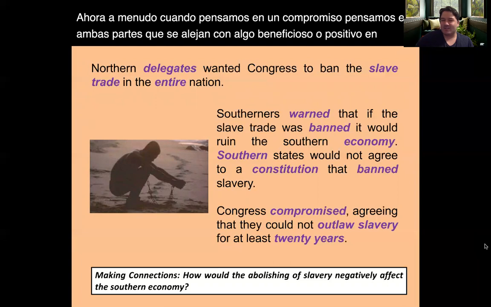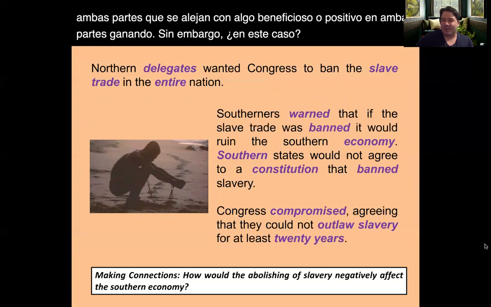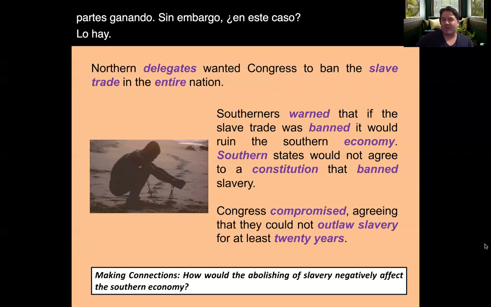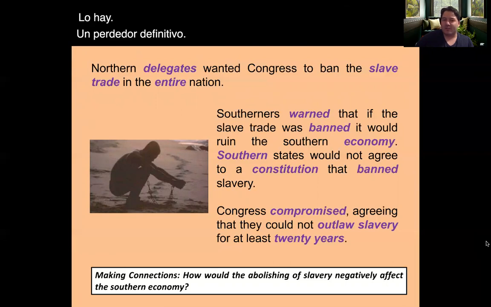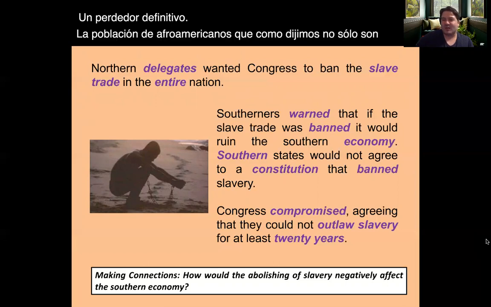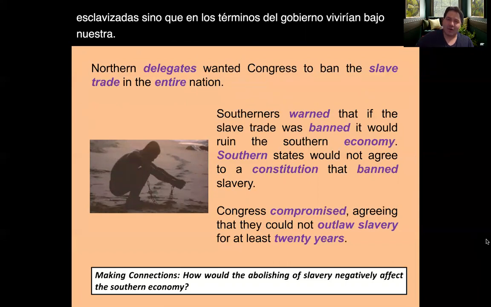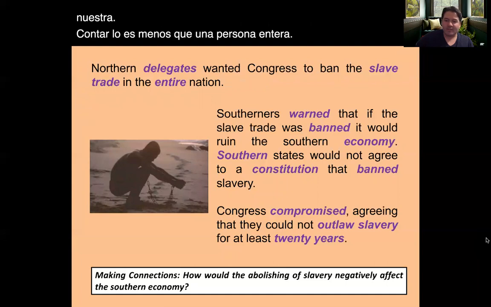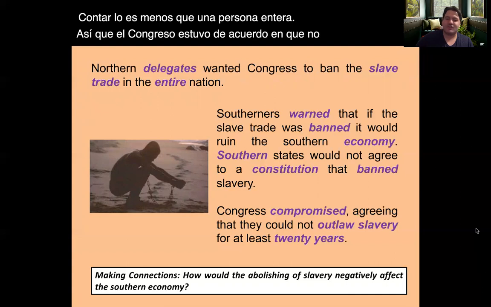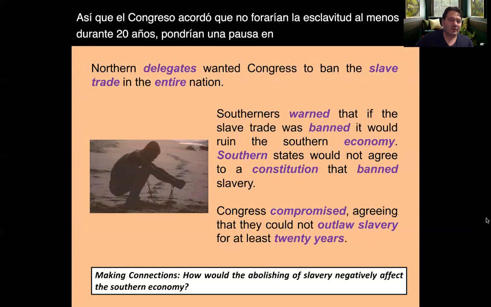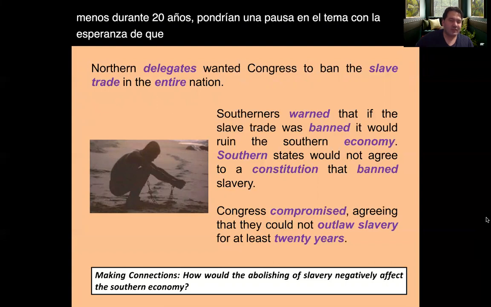However, in this case, there is one definite loser: the population of African Americans who are not only enslaved, but in the terms of the government they live under, are counted as less than a whole person. So Congress agreed that they would not outlaw slavery, at least for 20 years, putting a pause on the topic in hopes that this would encourage the southern states to agree to the Constitution.